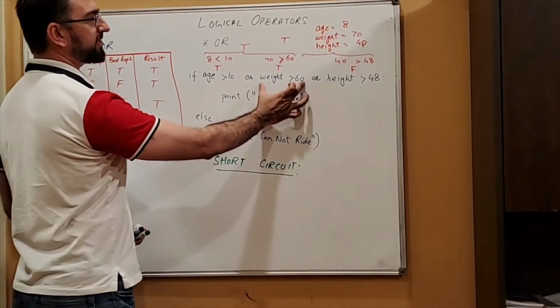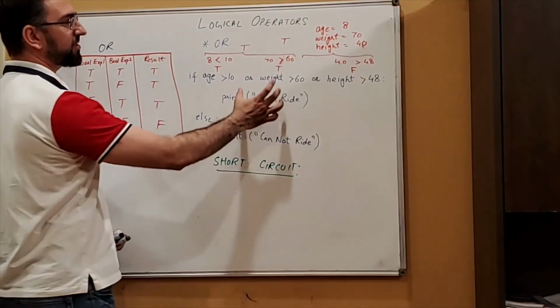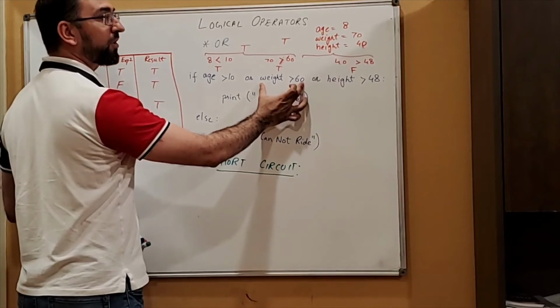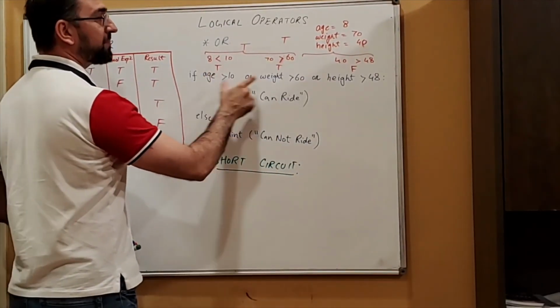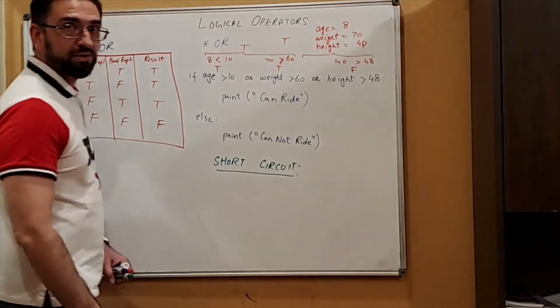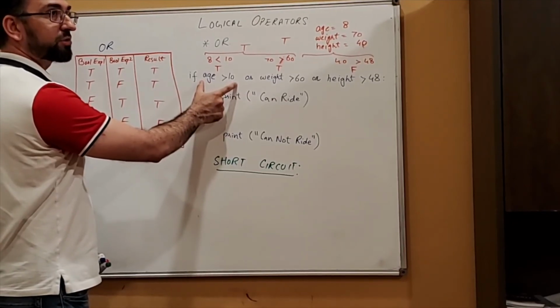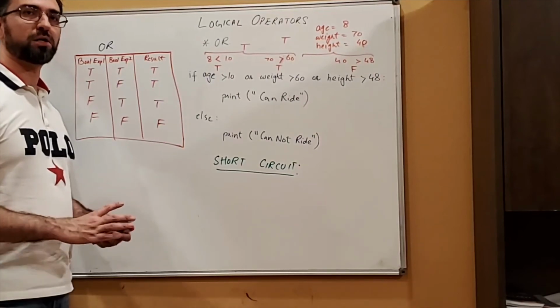So that means there is no point evaluating these other two expressions, because it does not matter what these expressions evaluate to, whether true or false. The end result will be true anyways. So why bother evaluating these expressions? So it will short circuit these expressions if this expression is true. That's how short circuiting works in the OR logical operator.